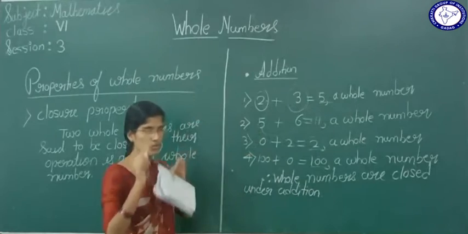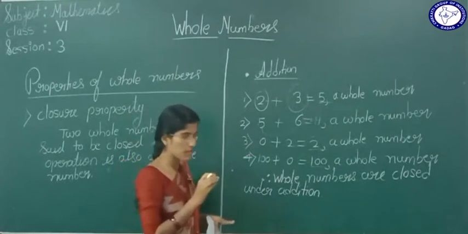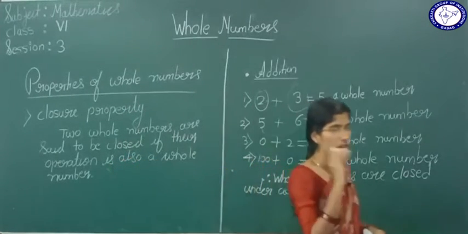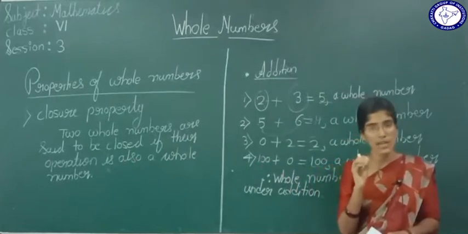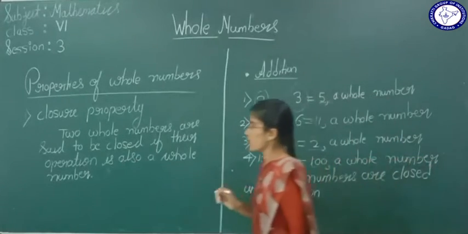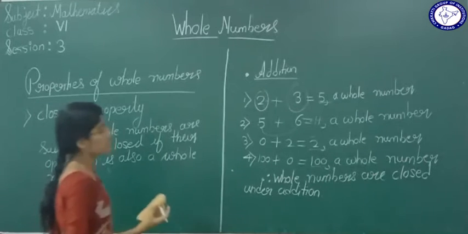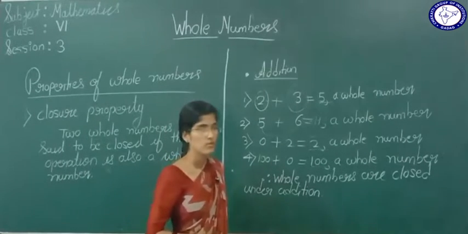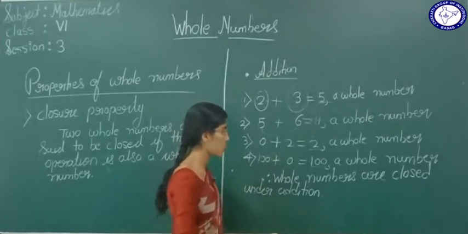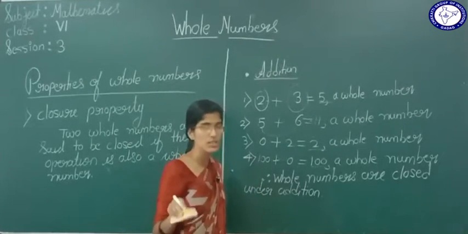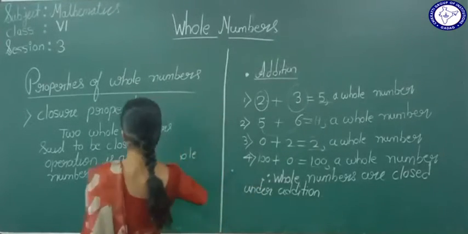If you take two whole numbers, apply any operation, and a whole number comes again, that is a closure property for that operation. Okay. Now we will see subtraction. Whether whole numbers are closed under subtraction, yes or no, we will see. Okay.